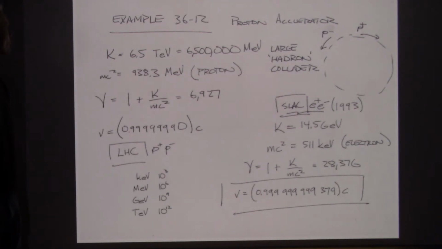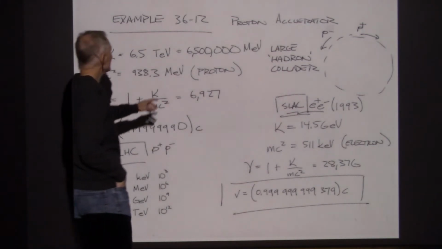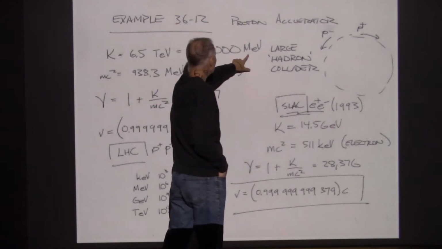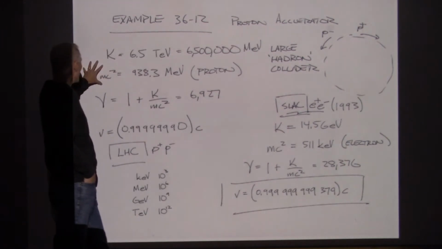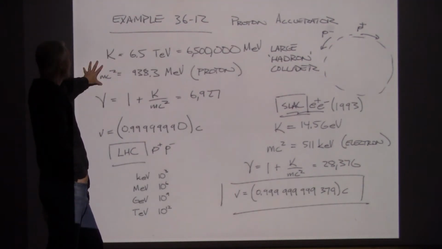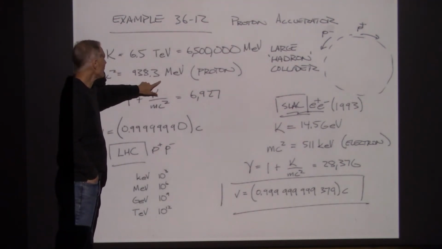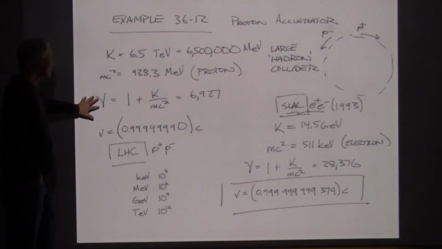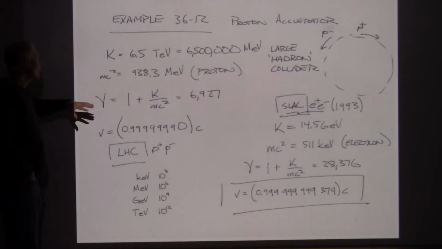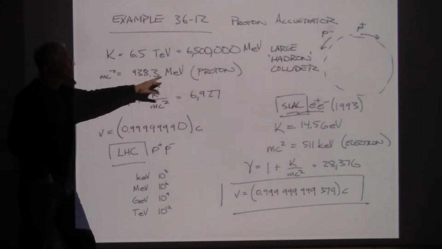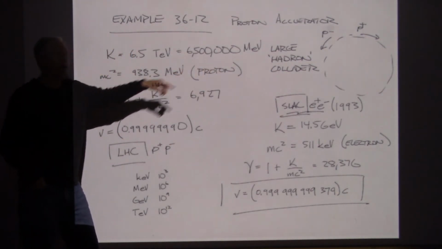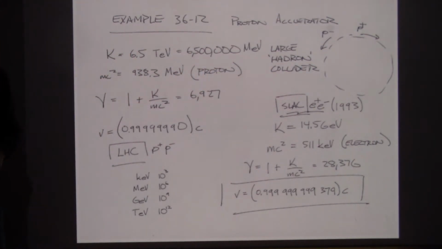It's a trillion. So that would be 6.5 million MeV. The mc squared for a proton is 938.3 MeV. So we can find out the gamma factor. How fast is a proton going inside the Large Hadron Collider?